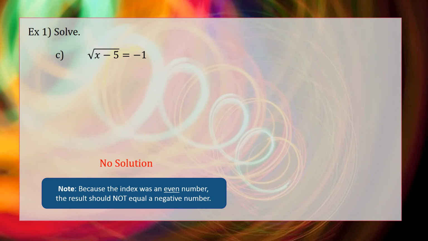Let's look at it this way. Remove all the work. Look at the original problem. Square root equals a negative value. If you ever notice that from the beginning, and it's an even index and it equals a negative value, you can immediately go to the phrase no solution.